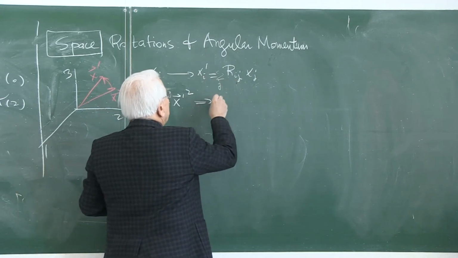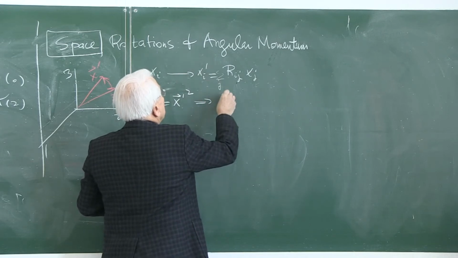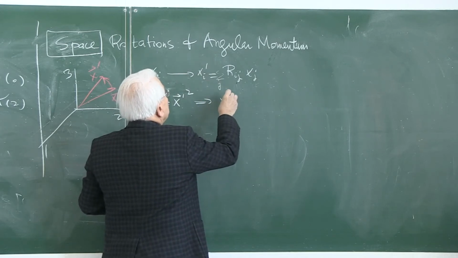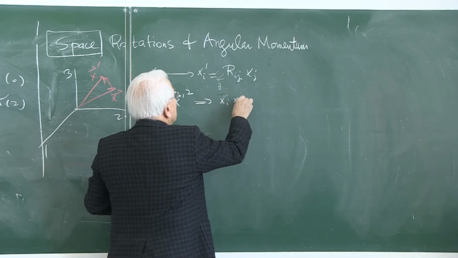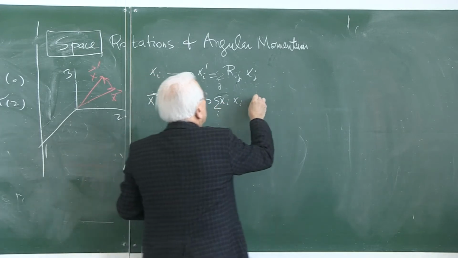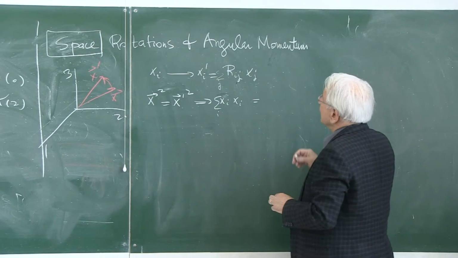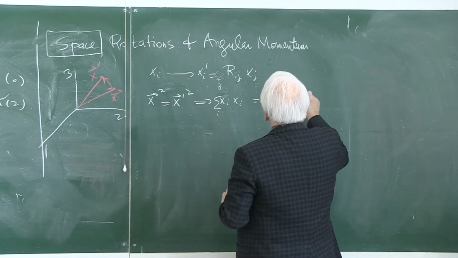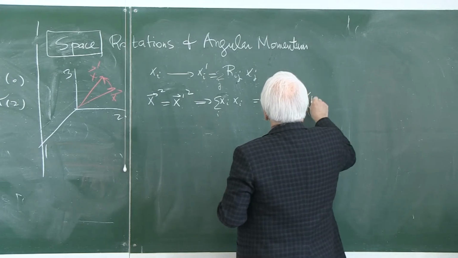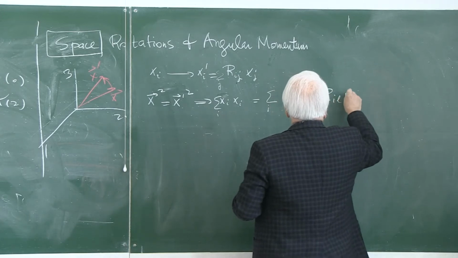We write the left-hand side as x squared, which should be equal to x prime squared. Sum over i of xi and xi is equal to xi prime and xi prime, which is sum over i of R_ik x_k and R_il x_l.